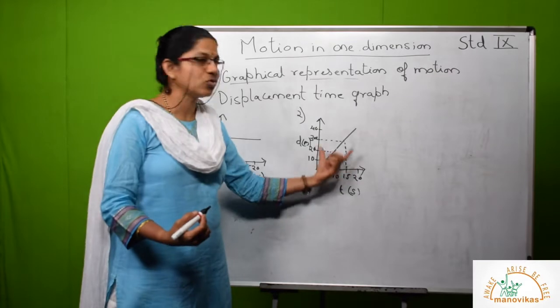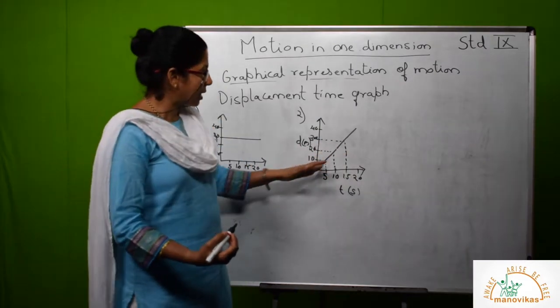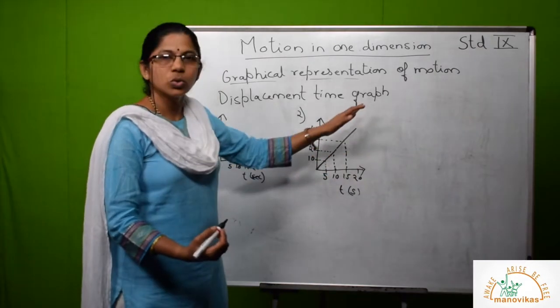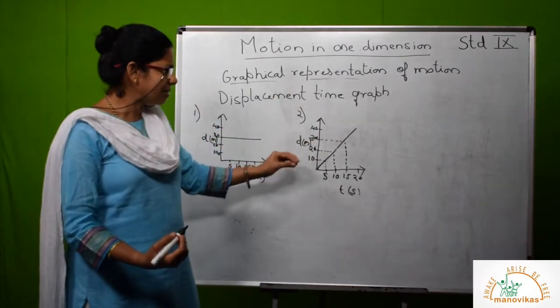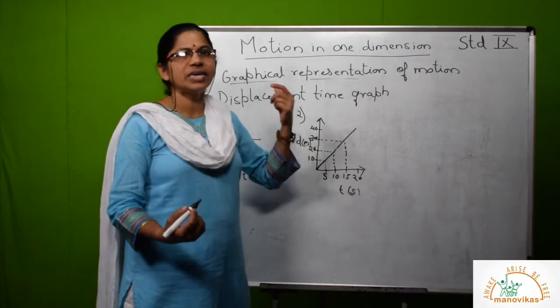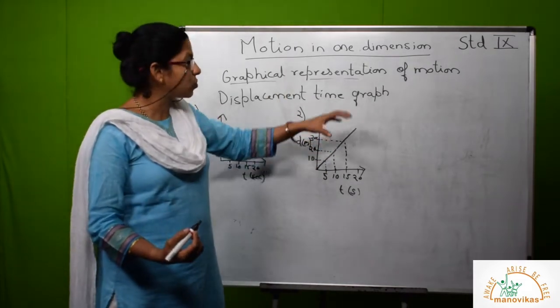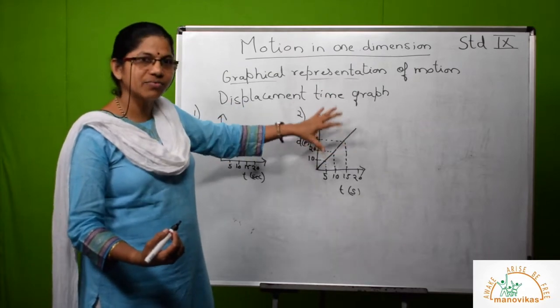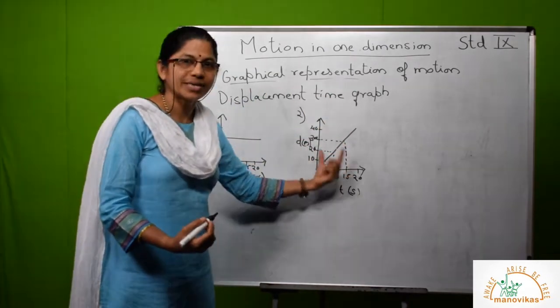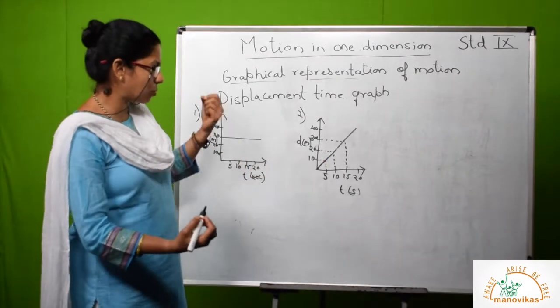Whereas in this case you have a straight line passing through the origin. In this graph, in order to find the velocity, you have to find the slope of this graph. Slope of this graph will give you the velocity of the moving object. Now how do you find the slope?